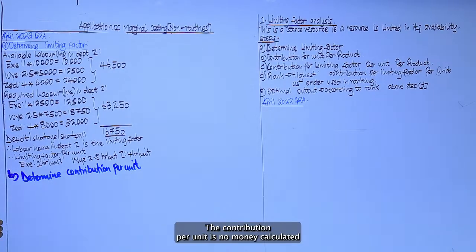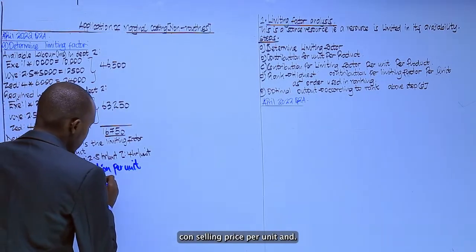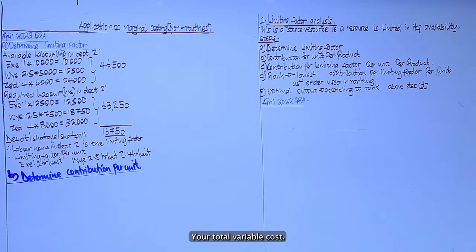The contribution per unit is normally calculated by taking the difference of your selling price per unit and your total variable cost. So we can start with the first product.